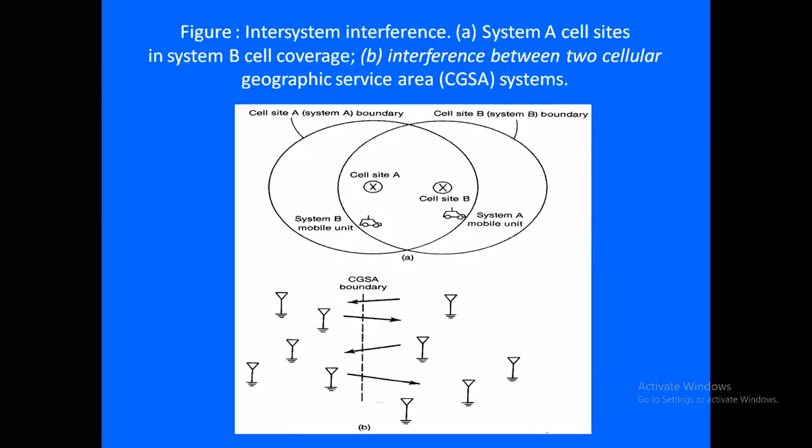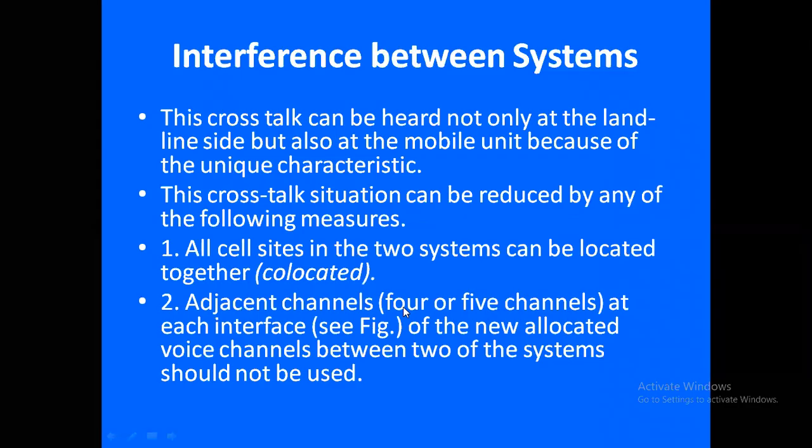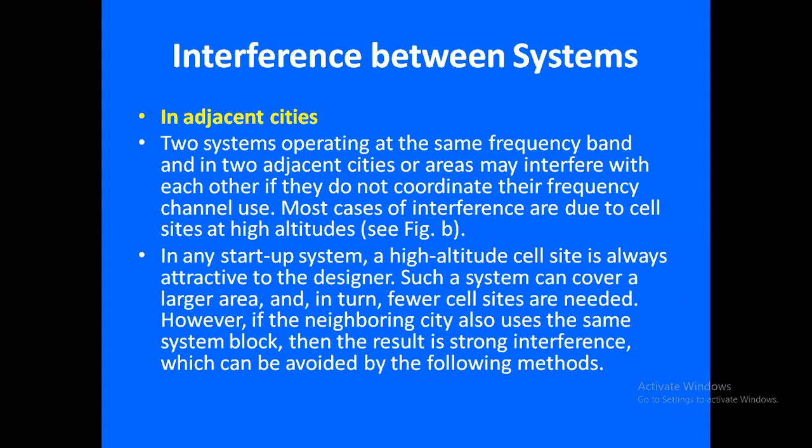The interference may occur between these channels and these channels, between this antenna system and that antenna system. In any startup system, the high altitude cell site is always attractive to the designer.